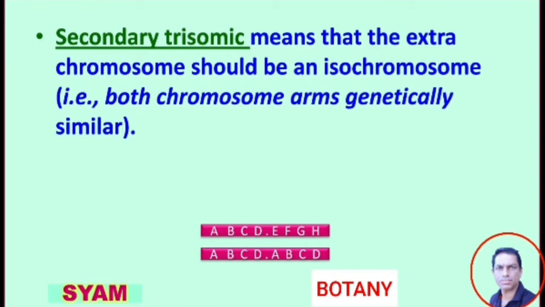The newly added chromosome contains A, B, C, D, again A, B, C, D genes. That means the two arms' genes are similar, A, B, C, D on one side and A, B, C, D on the other side. This type of chromosome is called an isochromosome. So the newly added chromosome is an isochromosome. It is secondary trisomic.